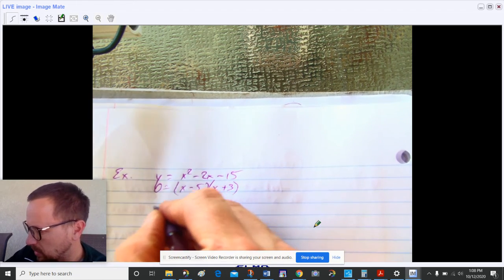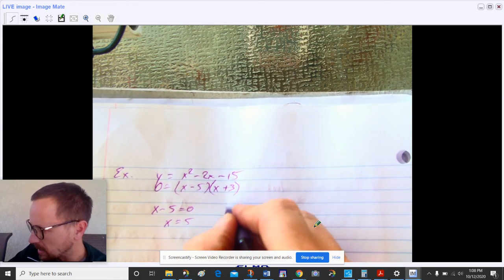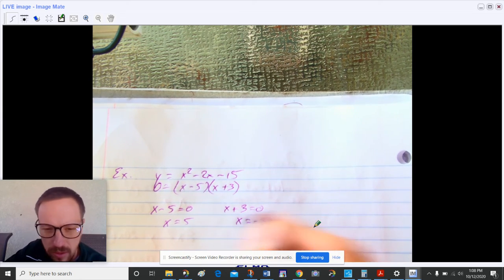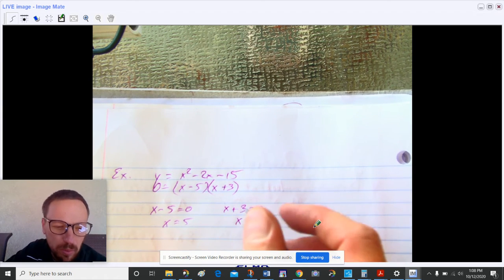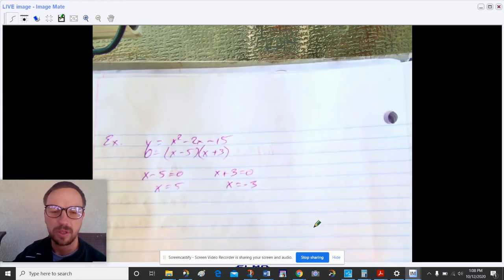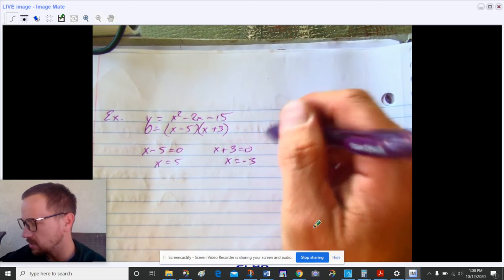Then we set each one equal to 0. X minus 5 equals 0, so x equals 5. X plus 3 equals 0, so x equals negative 3. And that's how that would go. Now, you probably learned a different, longer way of factoring from your Algebra 2 teachers, and that's okay. If it takes you longer to do that, then it takes you longer.